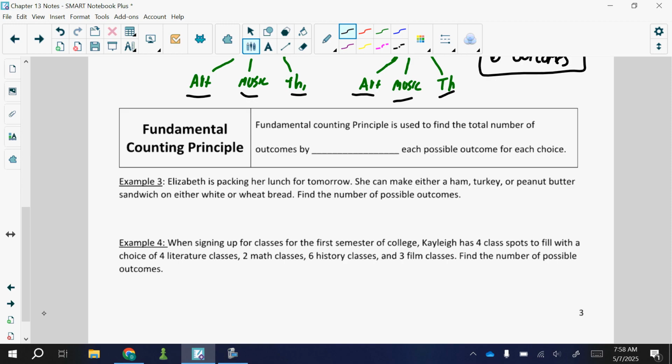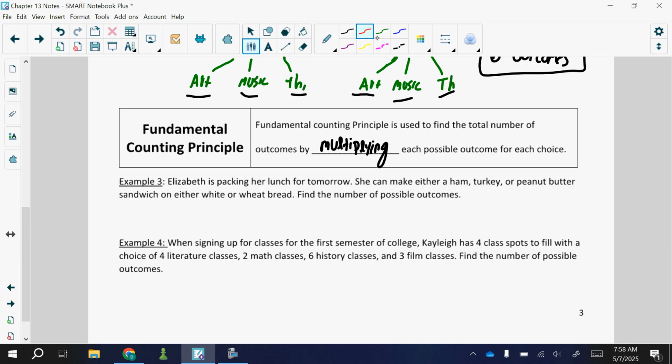So the fundamental counting principle is used to find the total amount of outcomes, which is what we've been doing, by multiplying each possible outcome for each choice. Okay, so this is a very fundamental rule of probability. And now it makes things a little shorter.